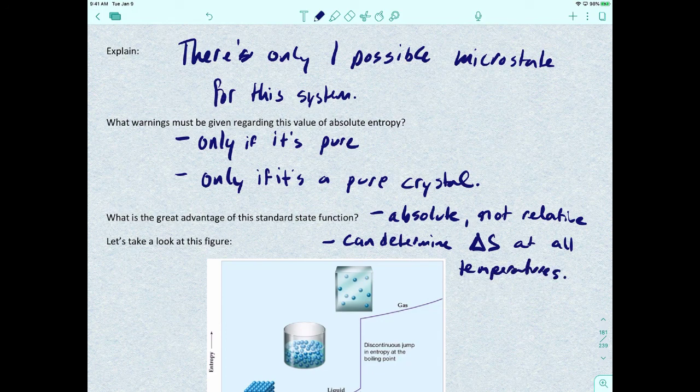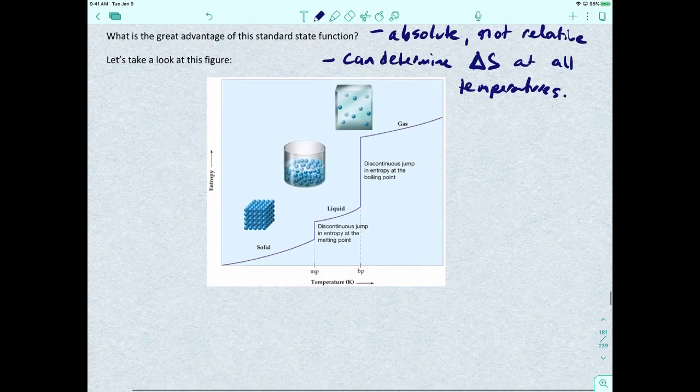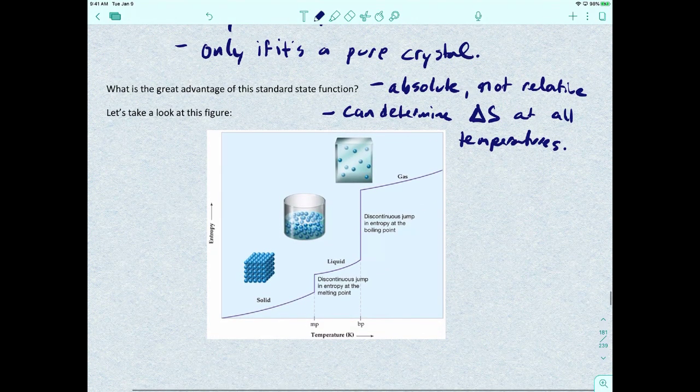All right. Now, before we take a look at another thermodynamic term, let's take a look at this figure. On the y-axis, we've got entropy. On the x-axis, we're looking at temperature in Kelvin, and we're noticing that as the temperature is increasing, the entropy increases until we get to our melting point. We're going to see that entropy jump up, and it's going to be pretty vertical.